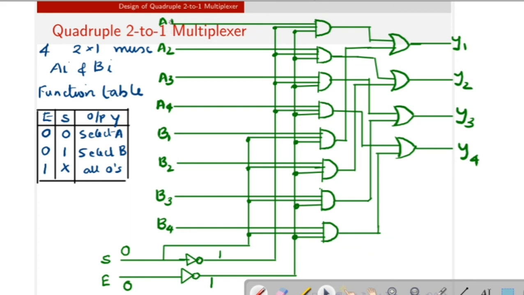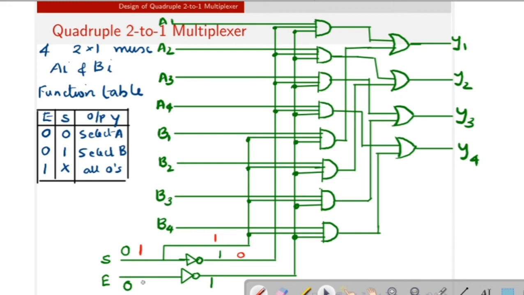Then if any one of the inputs A1, A2, A3, A4 is activated, the corresponding output will be obtained in Y1, Y2, Y3 or Y4. Similarly, when S is equal to 1, the upper AND gates' S input is 0 and the lower AND gates' S input is 1. So in that case, it generates the outputs B1, B2, B3, B4. So this is the working of the quadruple 2 to 1 multiplexer.